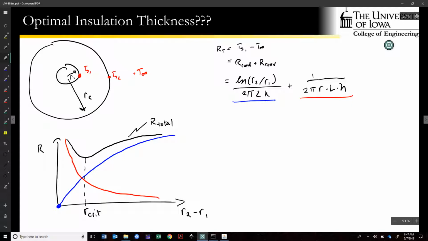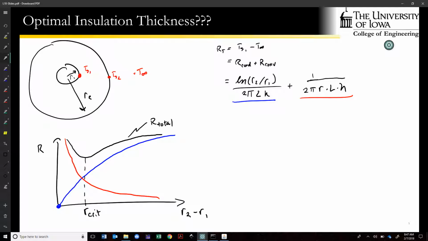And the critical radius, if we look at this, our idea was, can we possibly optimize our insulation thickness? And the answer here is no. If you keep going out to an infinitely thick layer of insulation, this term can only get so small. It can never quite reach 0, but it's going to try really hard.